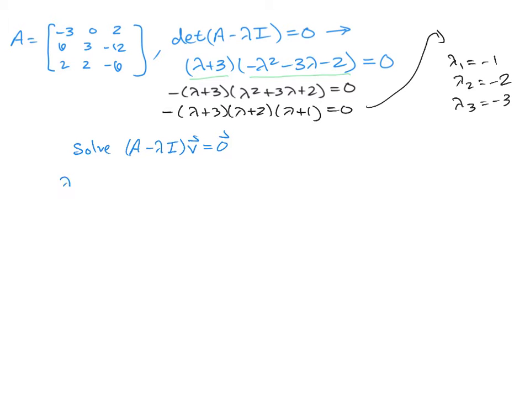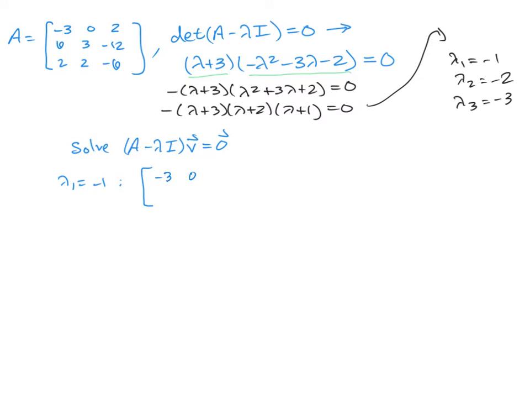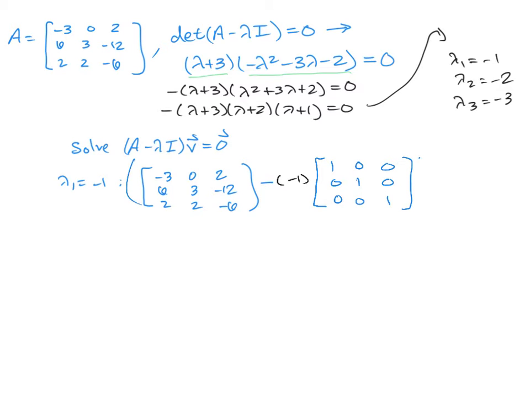For example, for lambda 1 equals negative 1, we're going to have our matrix A, which is negative 3, 0, 2, 6, 3, negative 12, 2, 2, negative 6, and then subtract away the value of lambda, which is negative 1, times the 3 by 3 identity matrix 1, 0, 0, 0, 1, 0, 0, 0, 1. And this whole thing is times v and equal to the 0 vector.